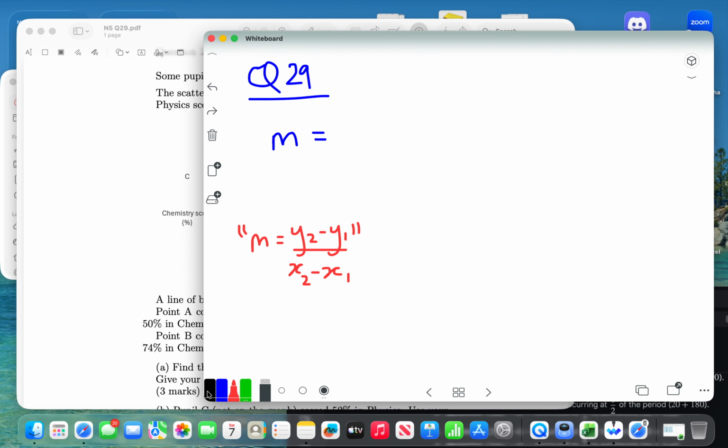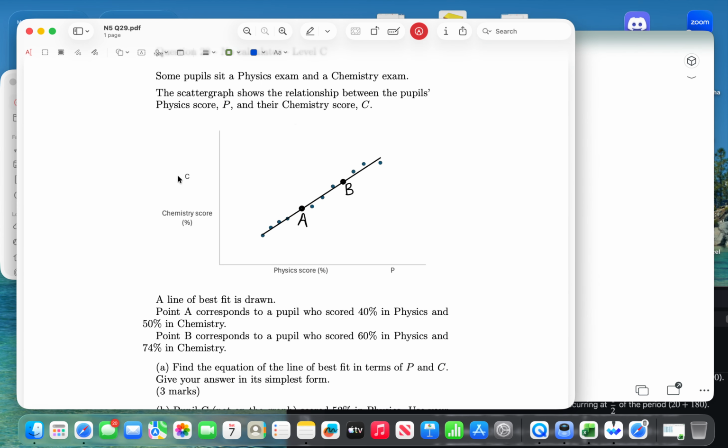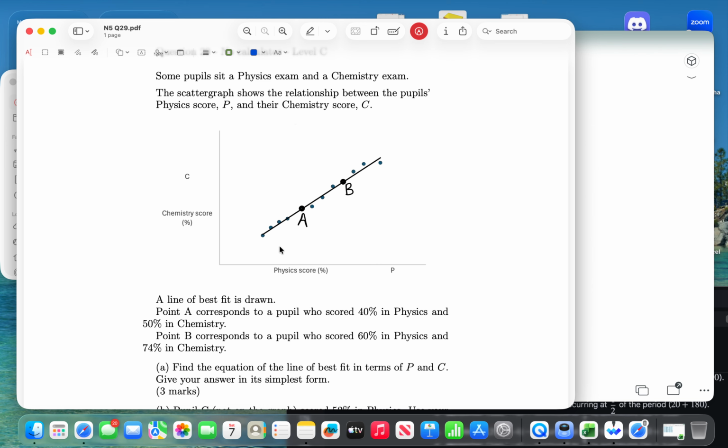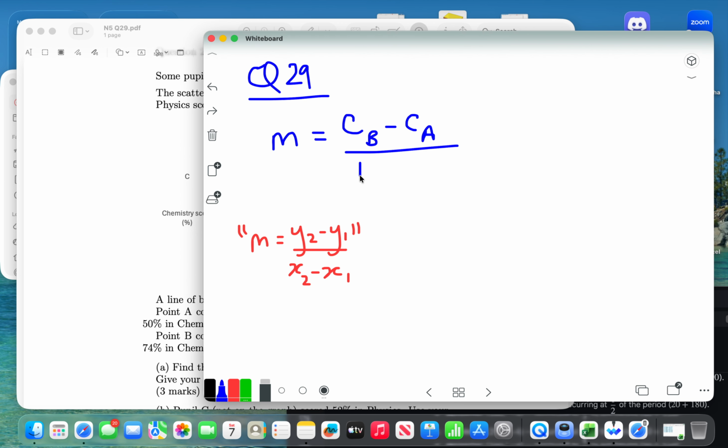So I'm going to use c2 minus c1. In fact, I'm going to use cB minus cA. I will explain what's going on in a second because you might be a bit confused. I found this confusing in school as well, so I don't blame you if you do.